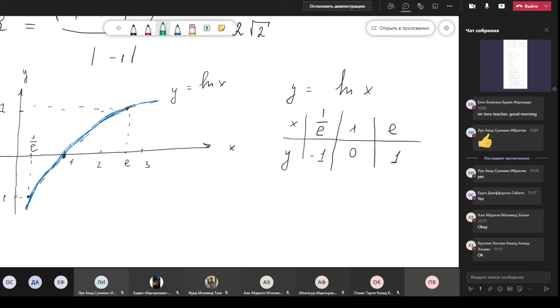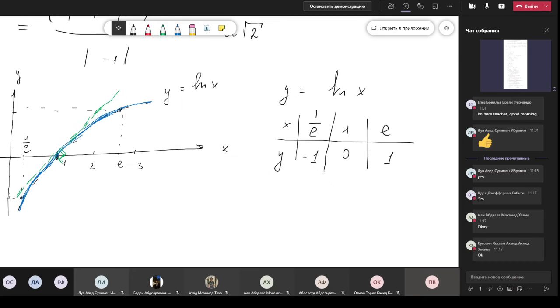At this point, we plot the tangent line, and plot a perpendicular to this line, and on this perpendicular we must construct the interval. The length of this interval equals the radius, 2 root of 2.